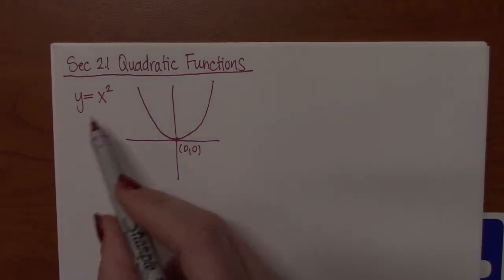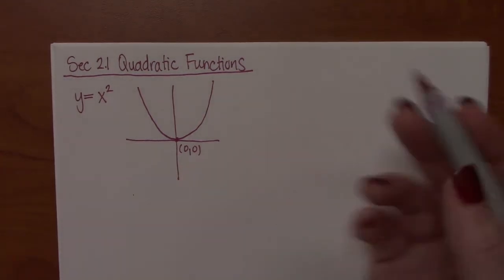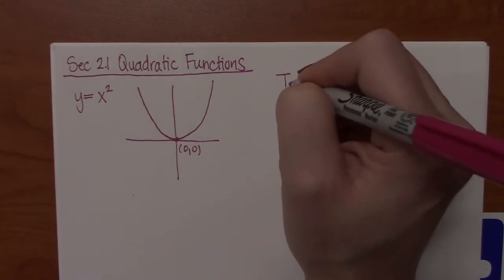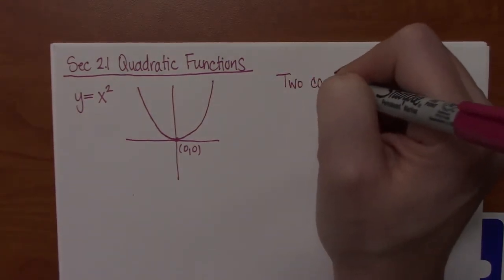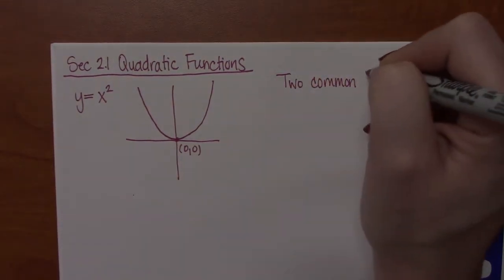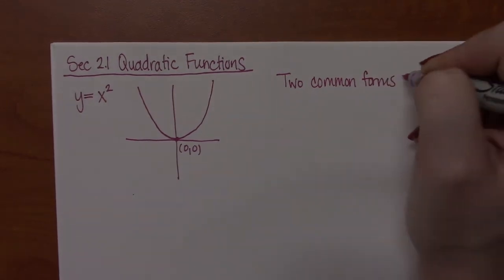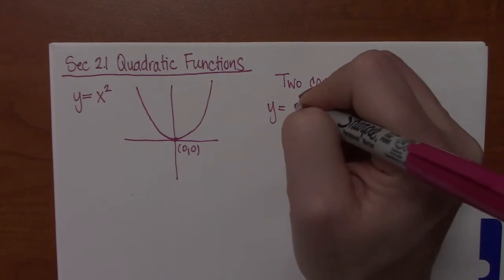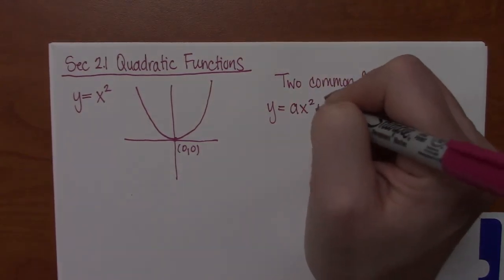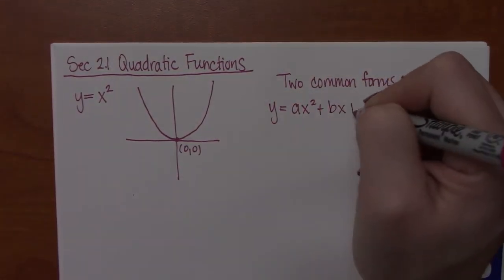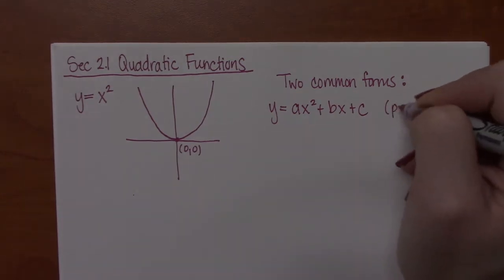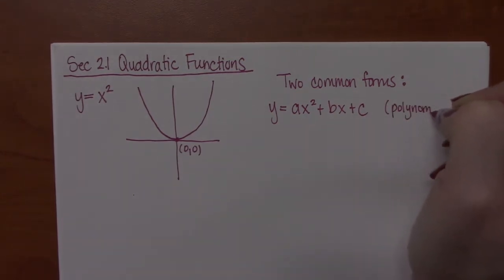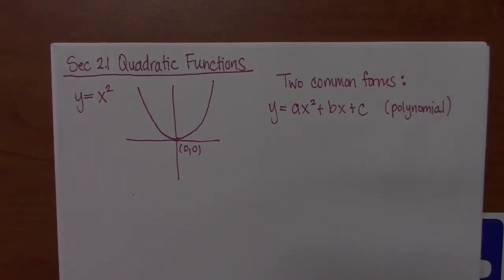So when we're looking at quadratics, the most complex form you can see is going to be the following. There are two common forms for quadratics, right? We can see it written as ax squared plus bx plus c. This is what a lot of you saw in high school.